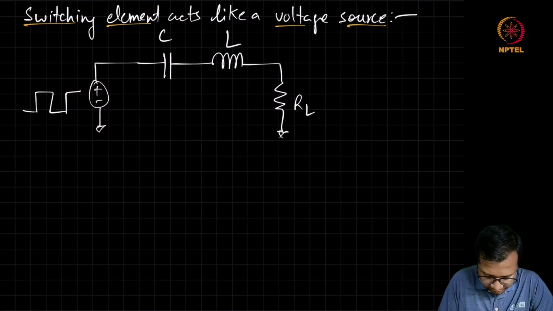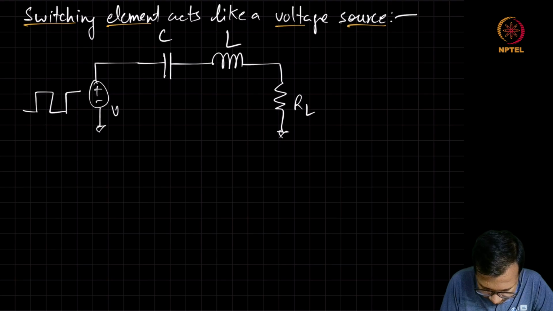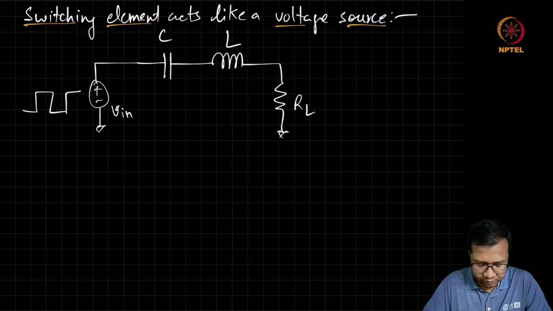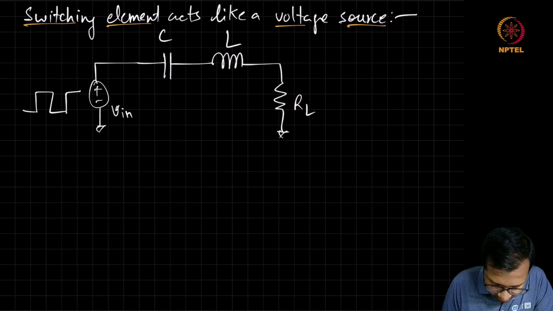So here, this is the input V in our case. So this V in looks like a square wave going between 0 and VDD.